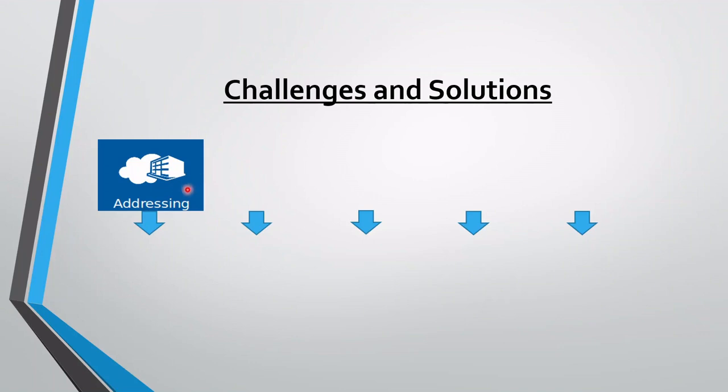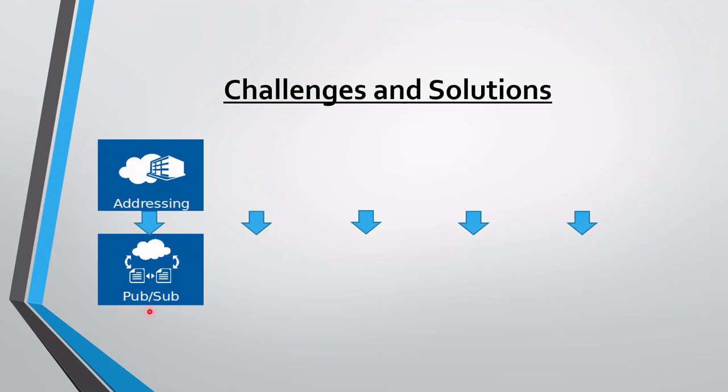So, what is the solution for this? The solution is the pub and sub method, which is similar to YouTube. When we subscribe to a channel, we get a notification about their new video. So it works in a similar manner. Proceeding with the next challenge, that is scale.